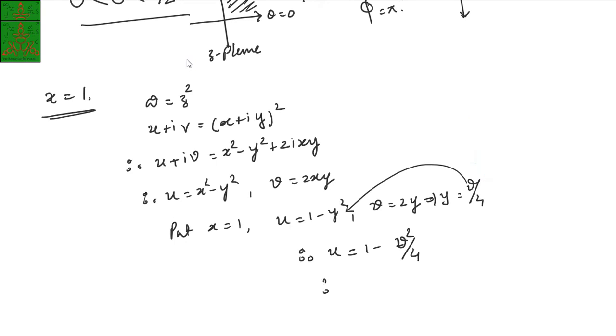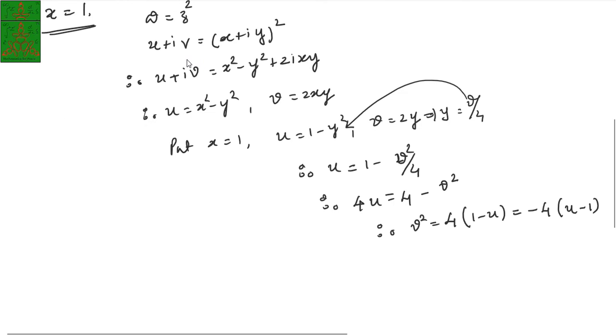So this gives 4u minus 4 equal to minus v square. Hence v square is equal to minus 4 into u minus 1.